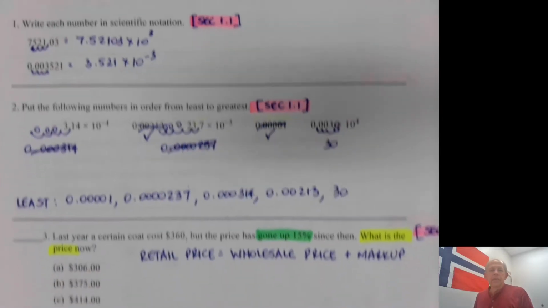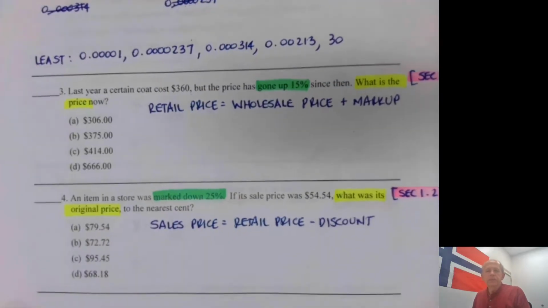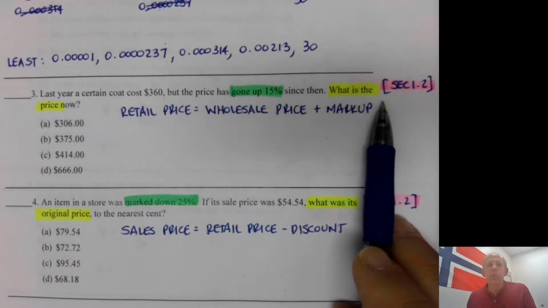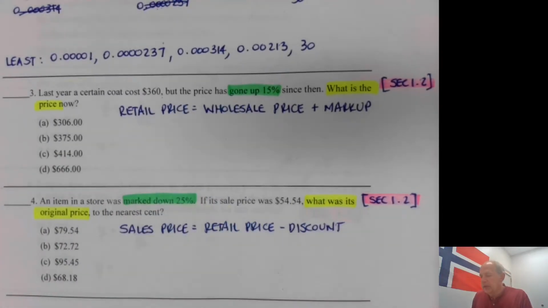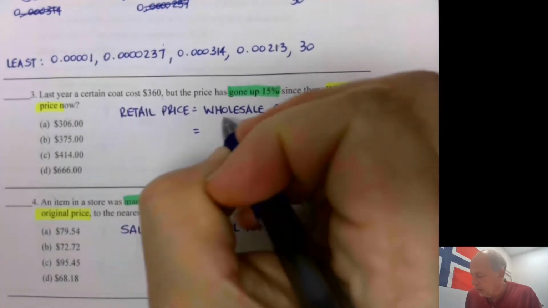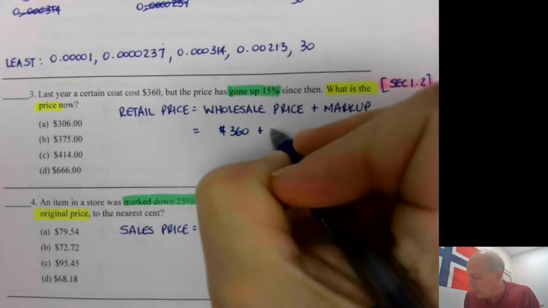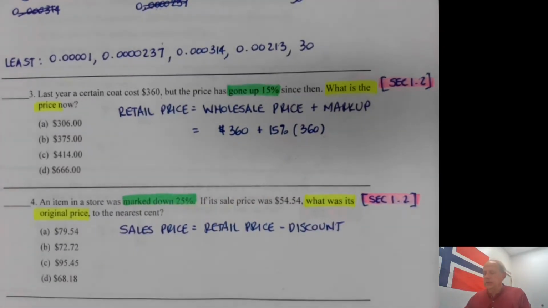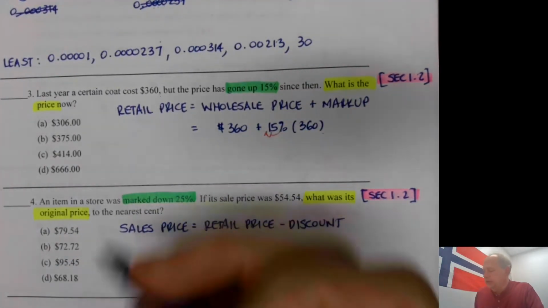Take a look at number 3. Here's where the multiple choice problems start. For number 3, I have marked this up in these different colors. First of all, this is from section 1.2. I am looking in yellow for what the price is now after something has been marked up. So I am looking for the new retail price. If this coat originally was $360, it has been marked up 15%. I am going to move the decimal over 2 places.